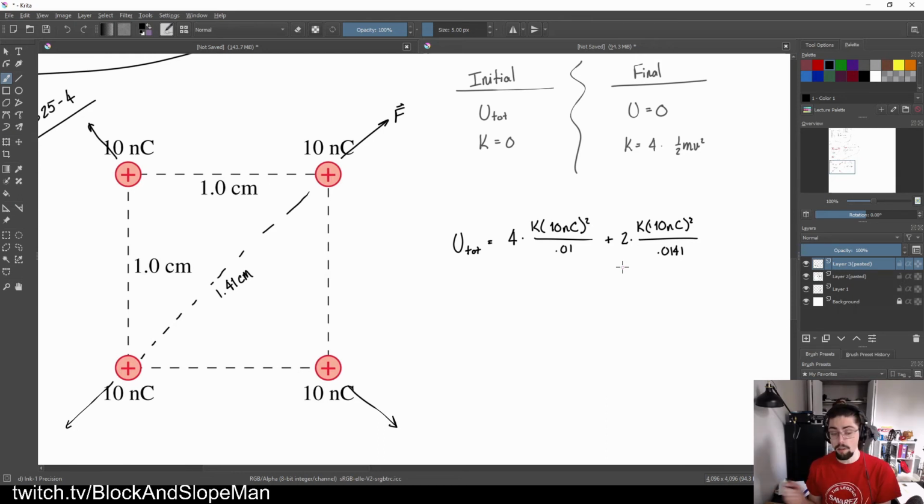And now again, these things are a little bit long if I try and do them full on proper, so I try and save myself some work here. Let me just go ahead and pull this thing out. I can do something like that to make the calculation a little bit easier.